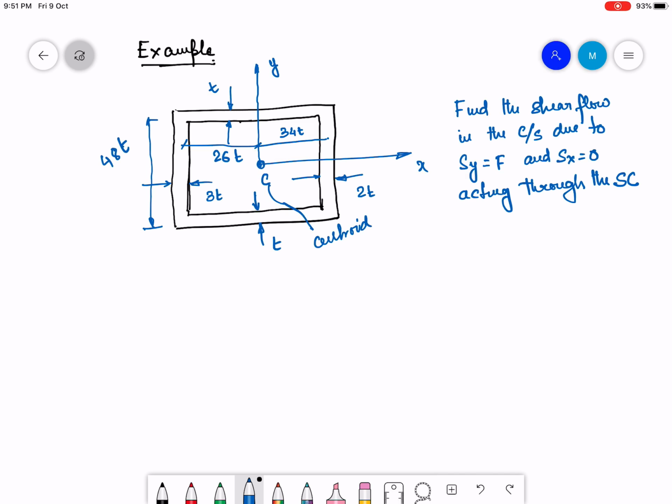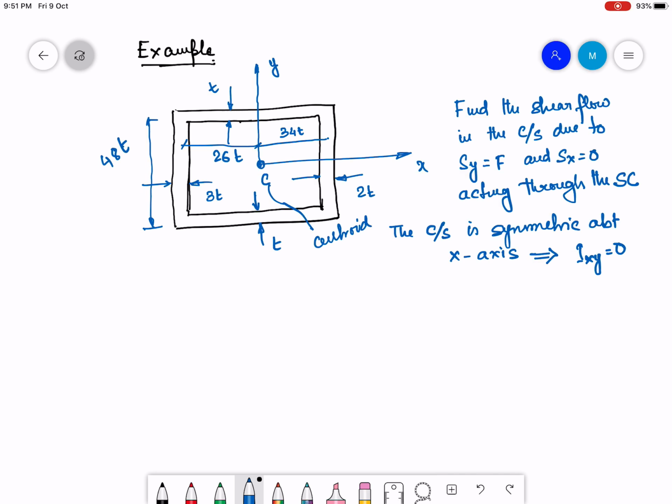The thickness is varying, and I have shown the thicknesses. So the cross section is symmetric about x axis, as you can see. And therefore, since it has a symmetry, Ixy is equal to 0 for the cross section.